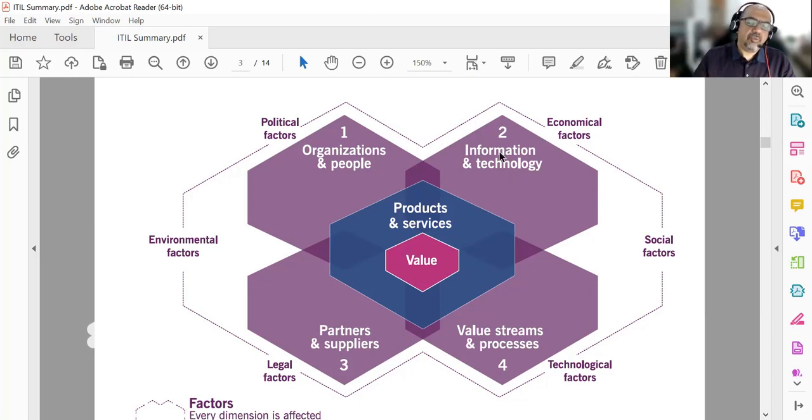So if we think about our organization, HR creates reports, so they create some information here. How will we create these reports? Which technology is used? Do we have cloud-based applications?